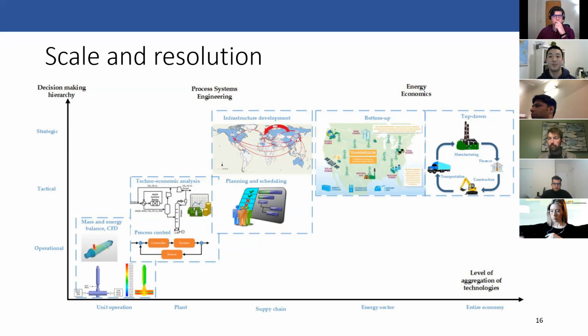This might be something like, how does a specific power plant work? Or even something within the power plant, right? Like how does a specific turbine or the chemistry within the turbine work? And you get larger and larger scale from unit operation to plant to supply chain to your entire energy sector.